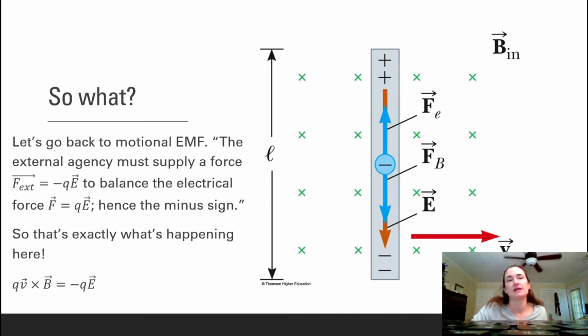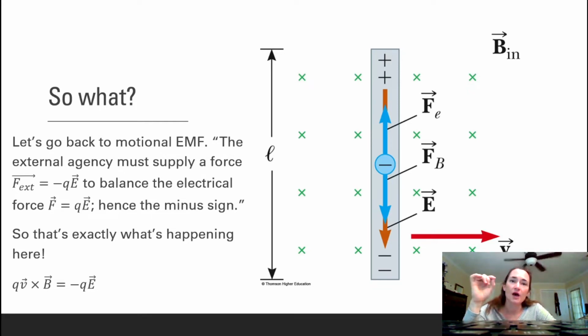So that's what happens. Now, this is exactly the external agency kind of thing that we were talking about on the previous slide, all right? This is the induced EMF. What's happening is that the QV cross B Lorentz force is going to point down, and that would point opposite in direction to minus QE.